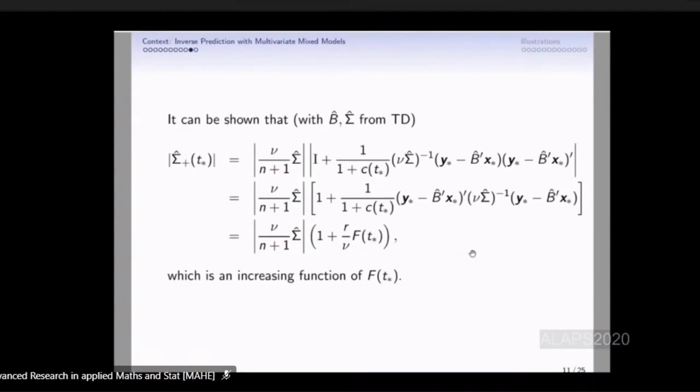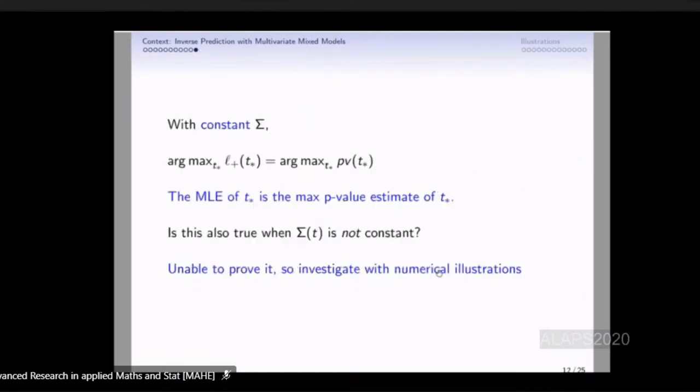So that means that the profile likelihood function is a decreasing function of that test statistic F, which in turn means that it's an increasing function of the p-value. And so that means that the maximum likelihood estimate of T star is the maximum p-value estimate of T star, which is intuitively very pleasing.